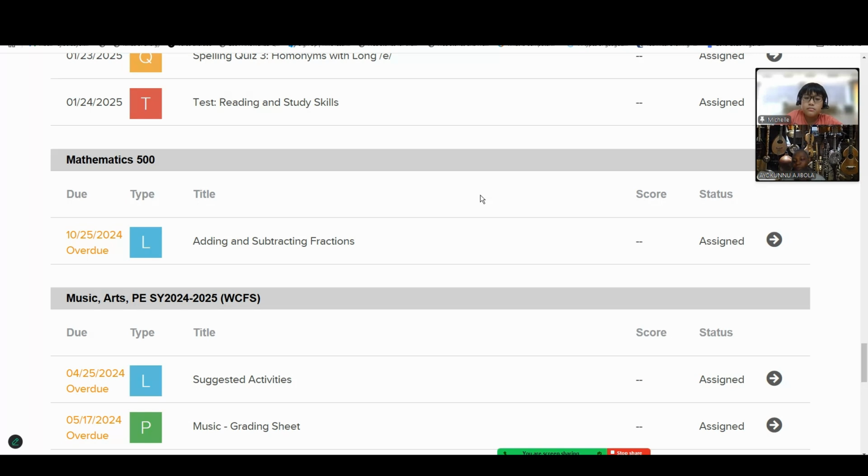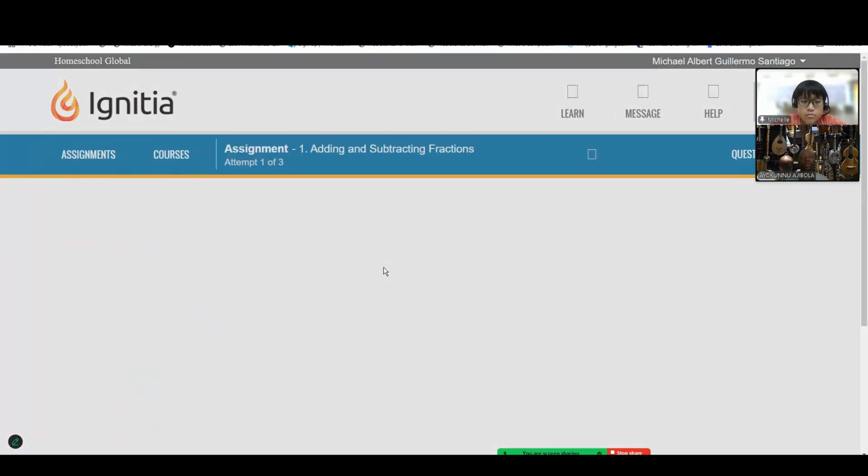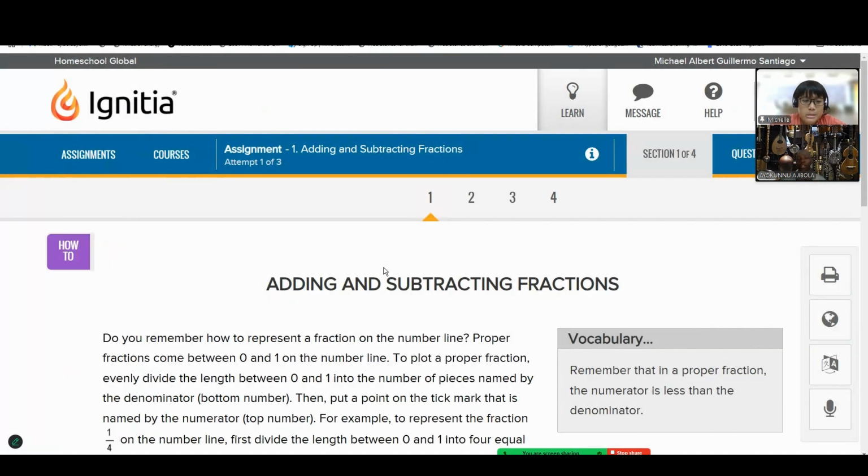So we're going to get started right now with fractions. This one says adding and subtracting fractions. So let's see how it goes. You remember your fractions, the numerators, the denominators. The number at the top is the numerator, the number at the bottom is the denominator.